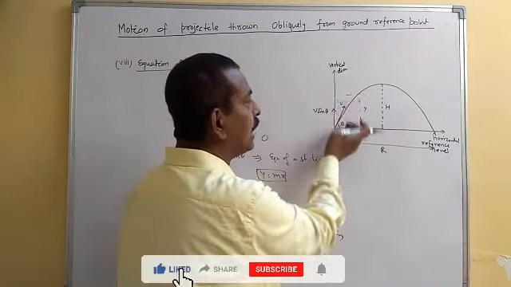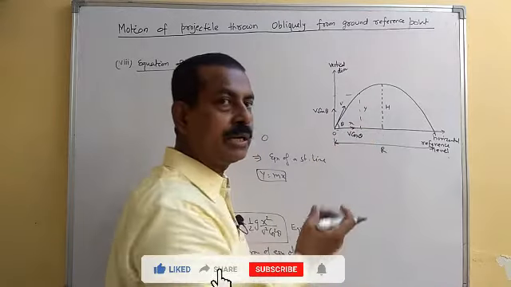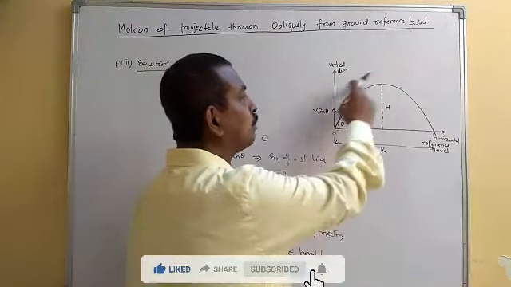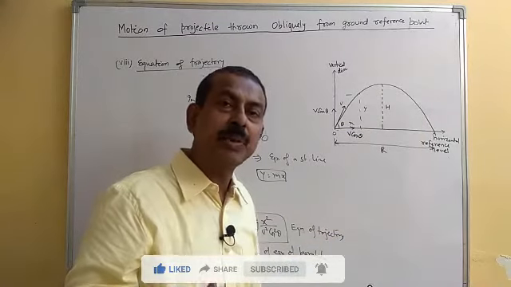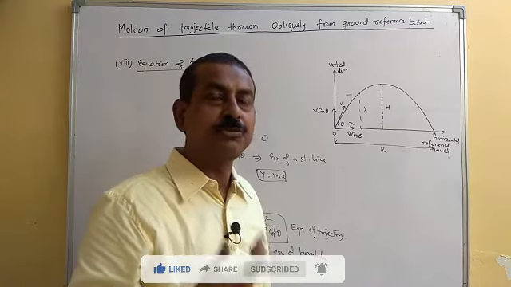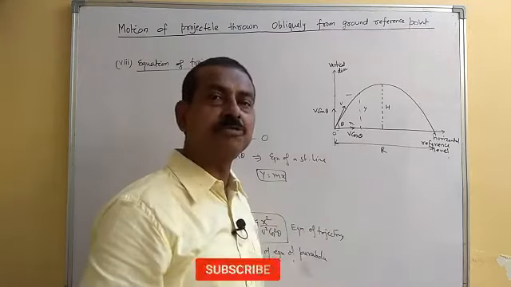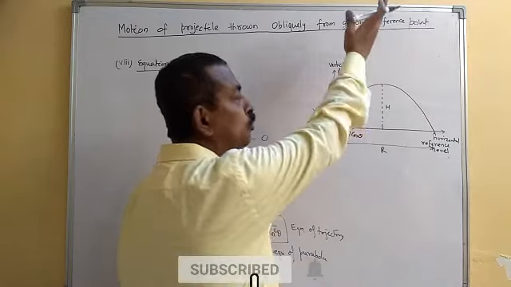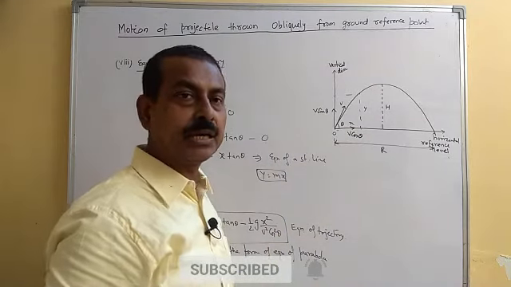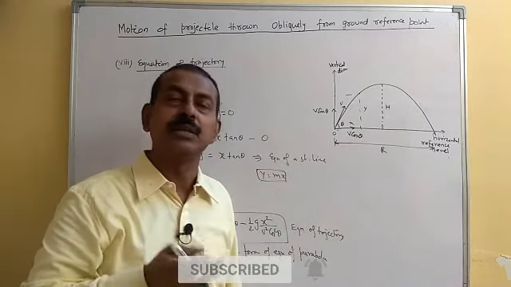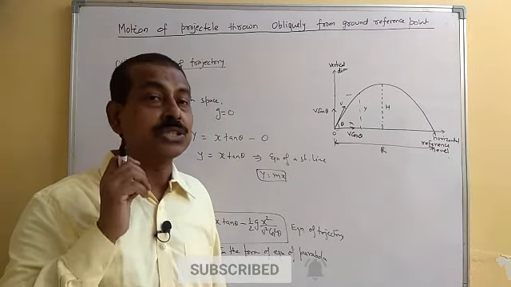Or you can just think that acceleration due to gravity is there, which is trying to pull it, so its path will be modified. But in space, there is no g, so its path will not be modified. If it is thrown with a particular velocity, it will continue moving in that direction in a straight line path. That is why in space, the path of the projectile will be a straight line path.